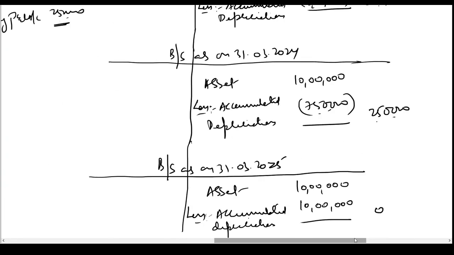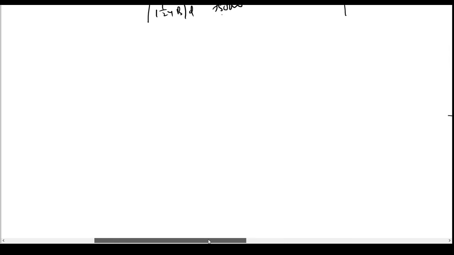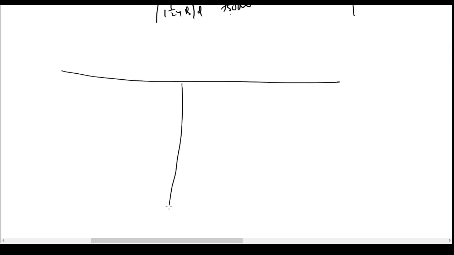Now, how will the P&L account look like? The P&L account would be very simple. Profit and loss account. On 31st March 22, to depreciation 2,50,000.